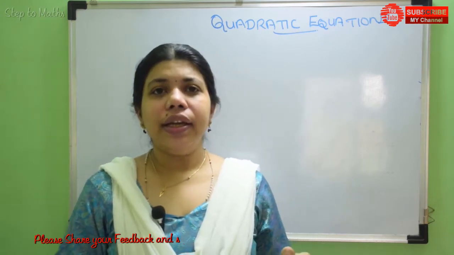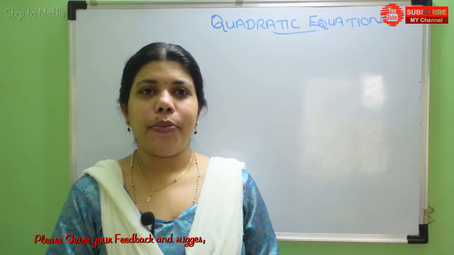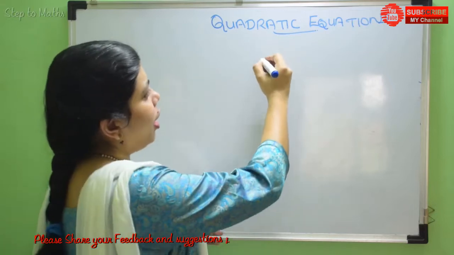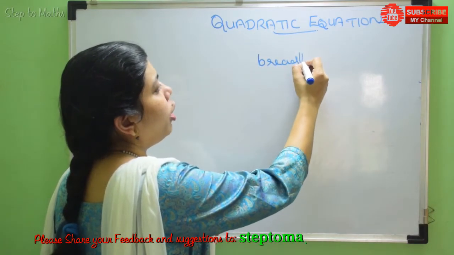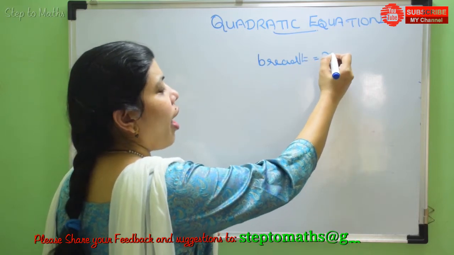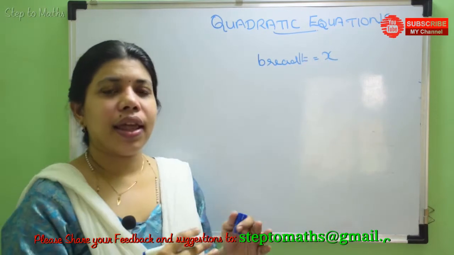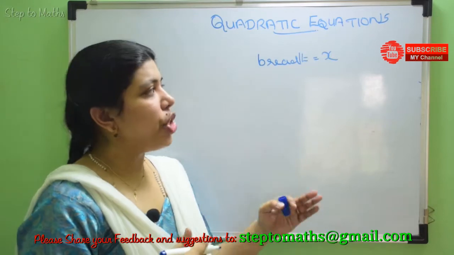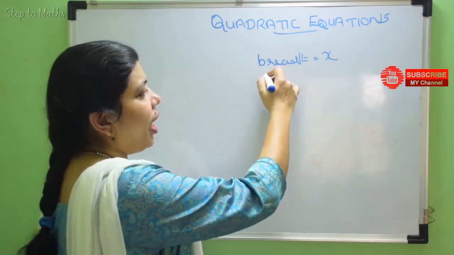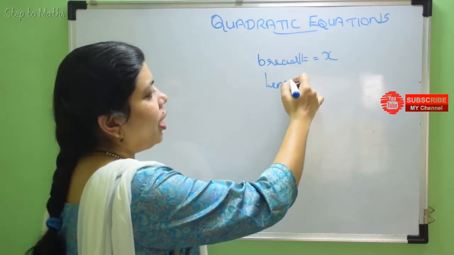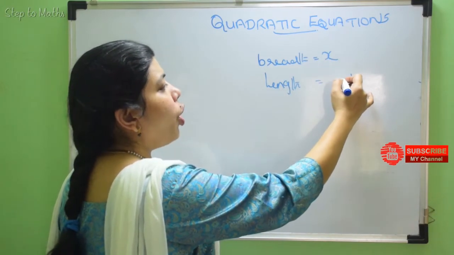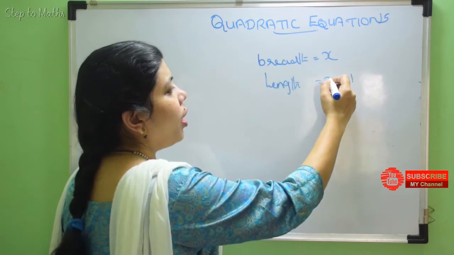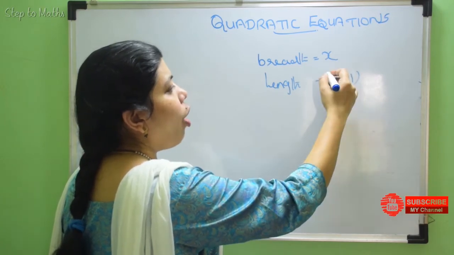Let us check the rectangular box example. Let the breadth of the rectangular box be x, and the relation between breadth and length is: length is 1 meter more than twice the breadth.